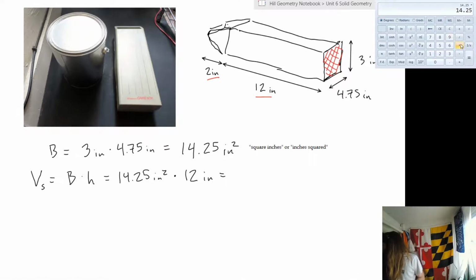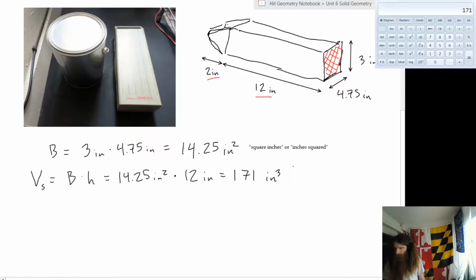So we'll multiply 14.25 by 12 in our calculator and get a nice round number. Wow. 171. And now we've got inches squared times inches. So it's inches times inches times inches. That is inches cubed, or cubic inches, right?